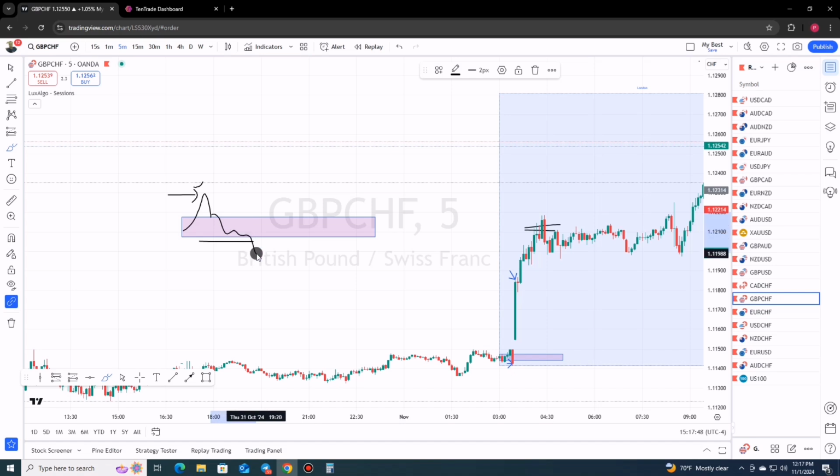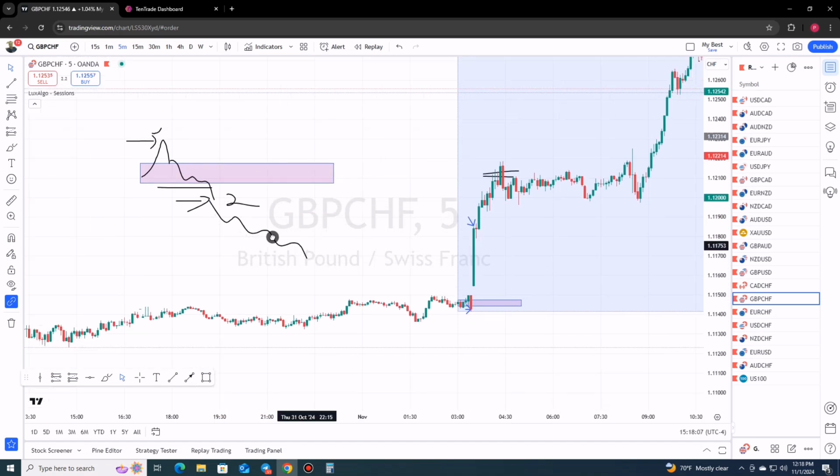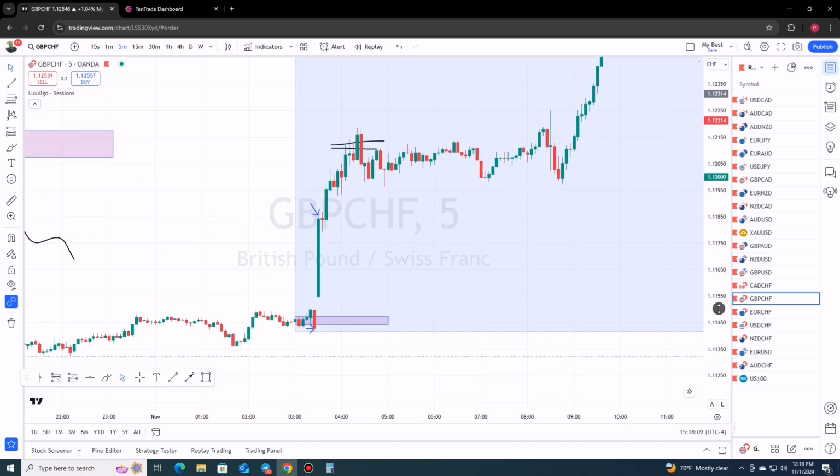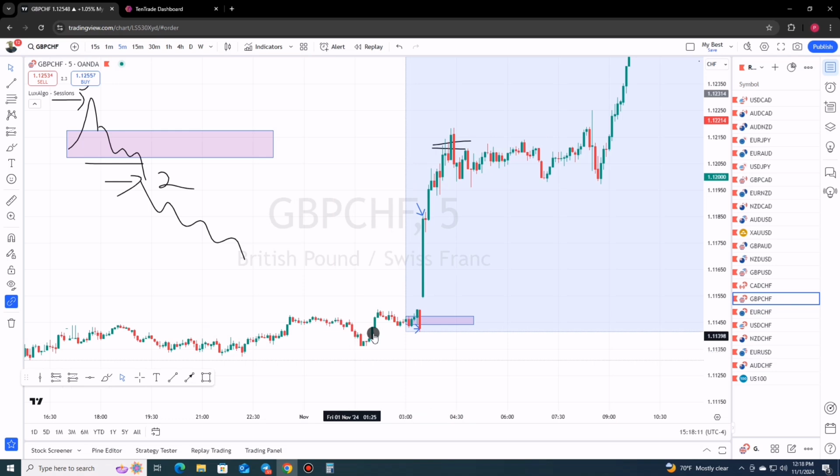Sometimes price will come and close below, and then you have your second attempt. You can even go in with 2 trades, because on the second attempt, definitely you make it. Let me just take a few examples before I show you how to set up the indicator.